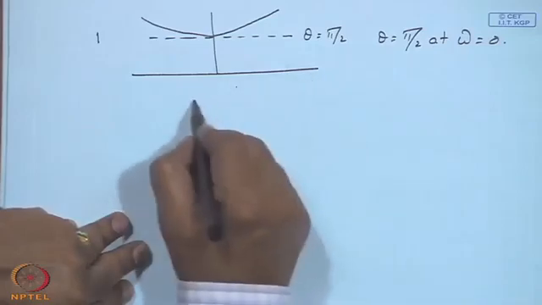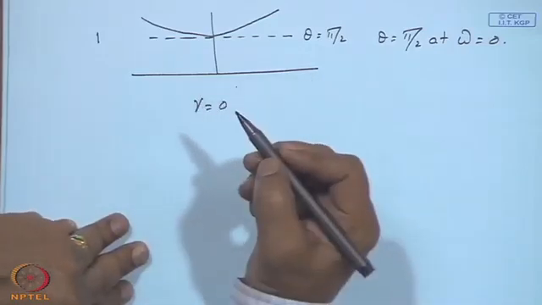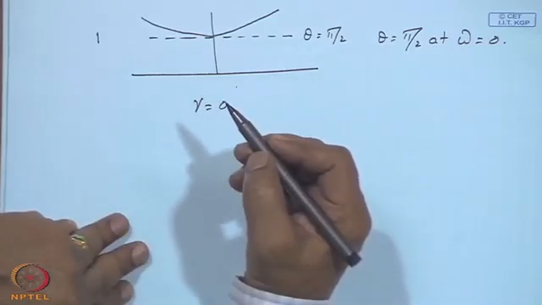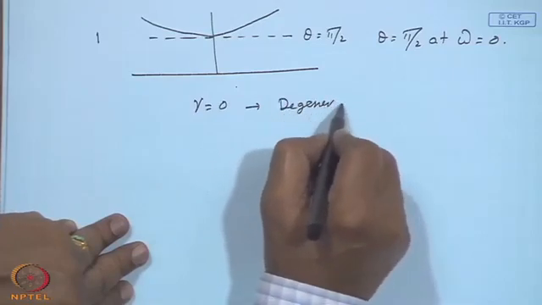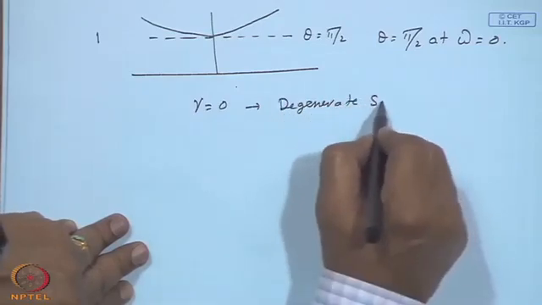We have stated also this is gamma equal to 0. Consequently, it is a symmetric case, so it is a degenerate single sunshine.